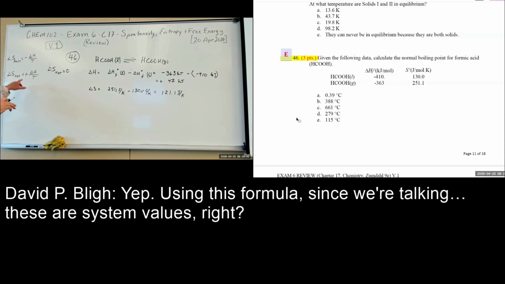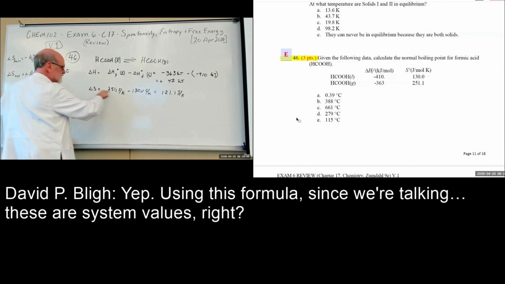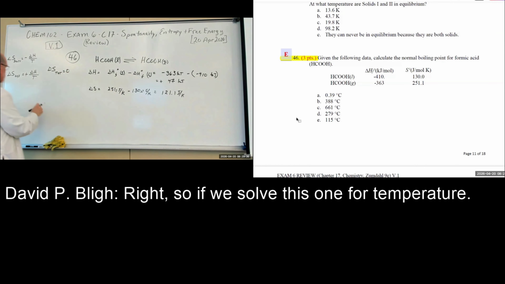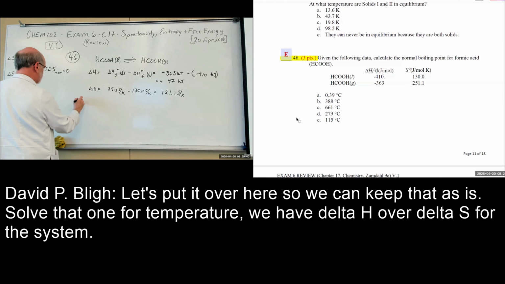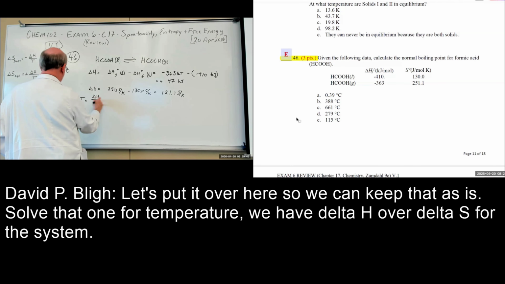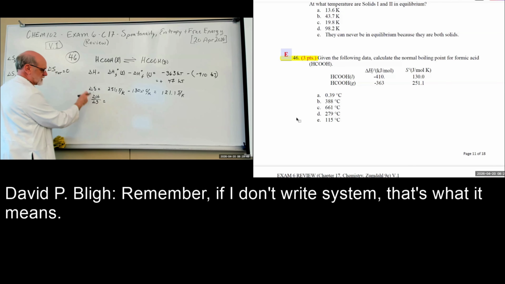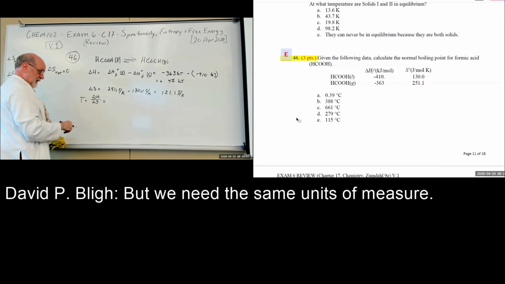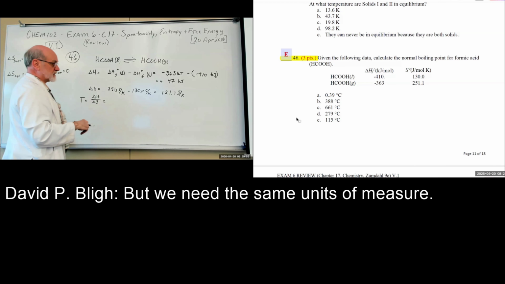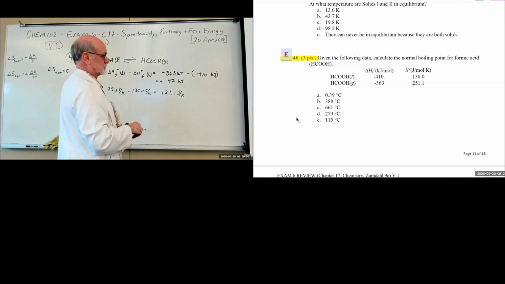Using this formula, since these are system values, if we solve it for temperature, we have delta H over delta S for the system. Remember, if I don't write system, that's what it means. But we need the same units of measure.